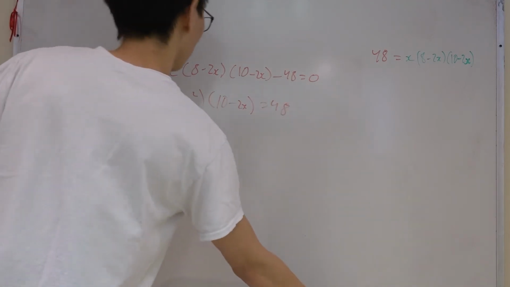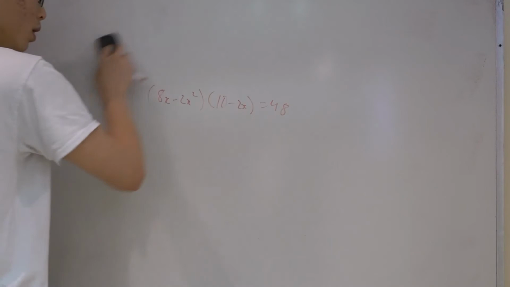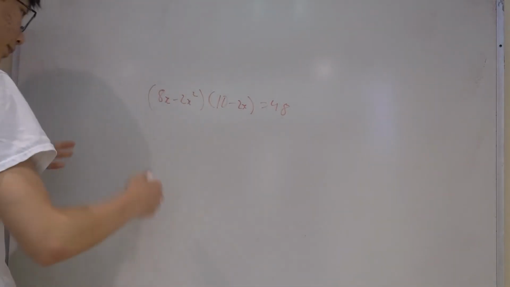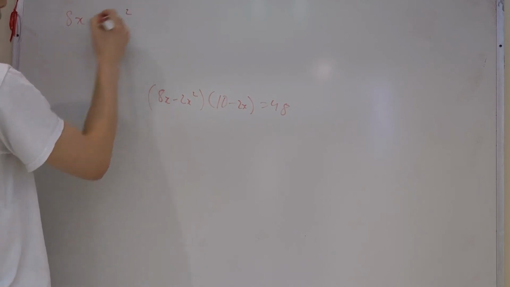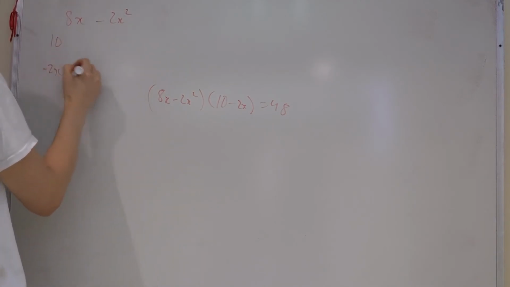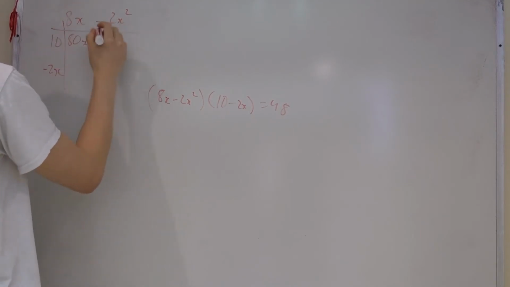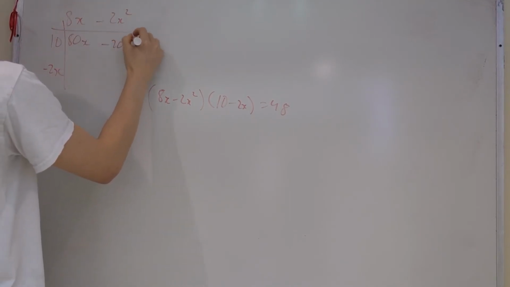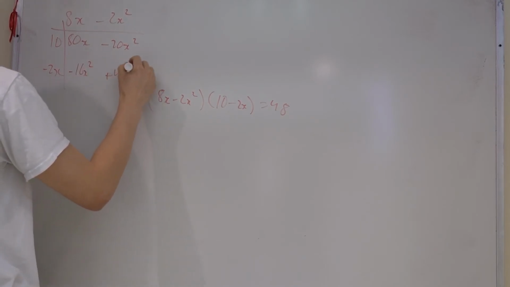Okay. So I'm going to erase this line of work that we don't want. Let's expand this thing. I will use my grid method. You can do whatever method you prefer. So this is 80x, minus 20x squared, minus 16x squared, plus 4x cubed.